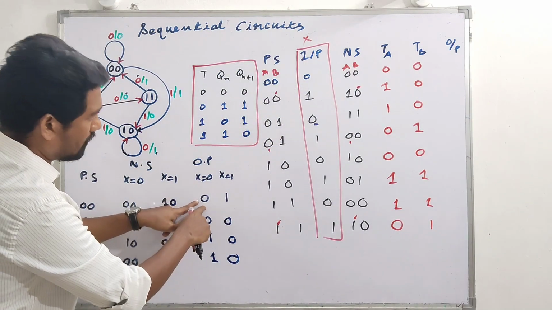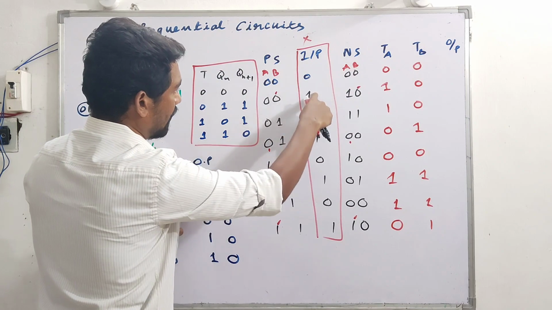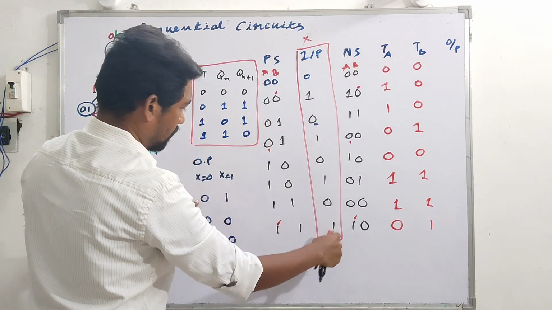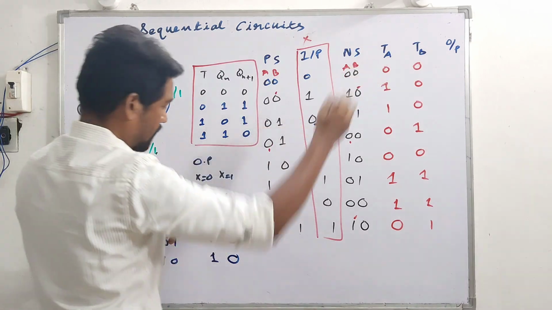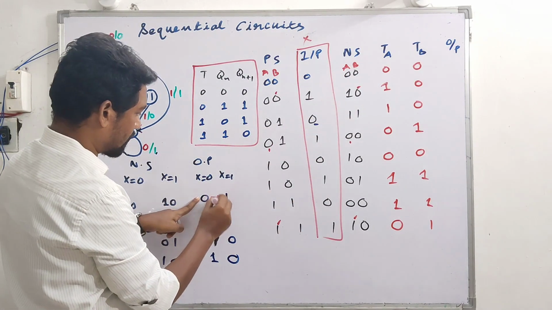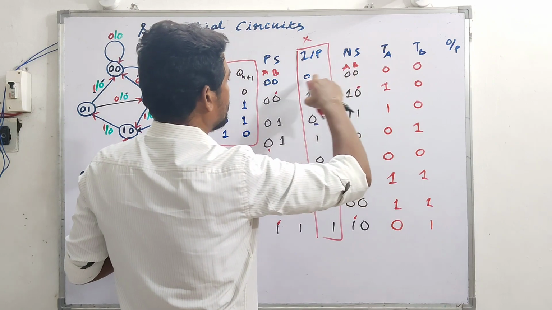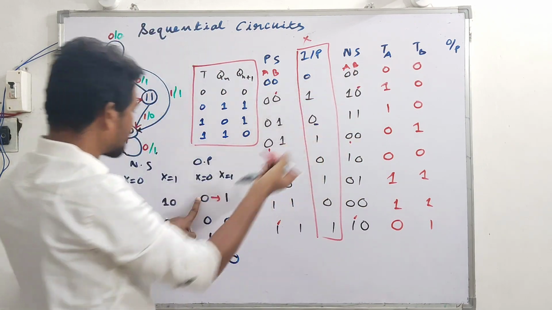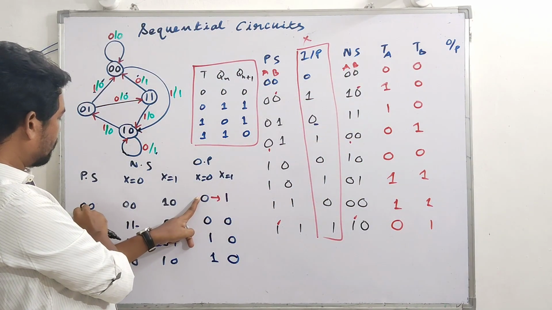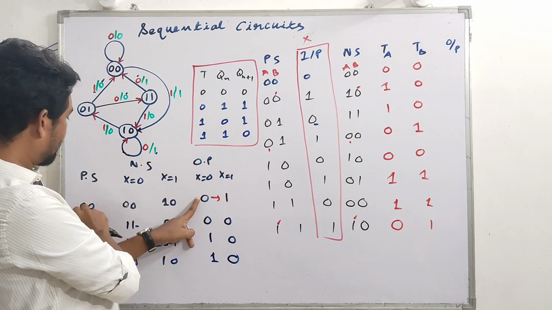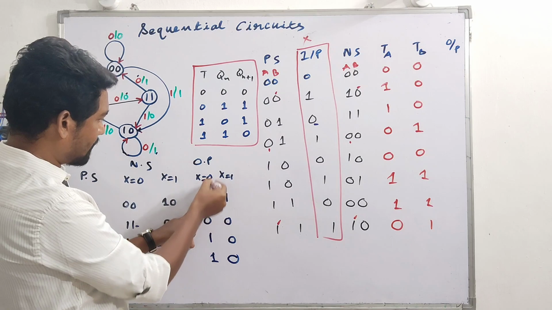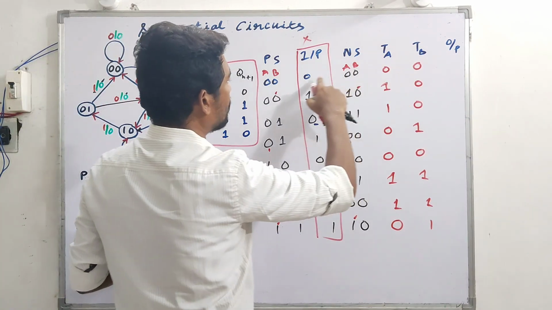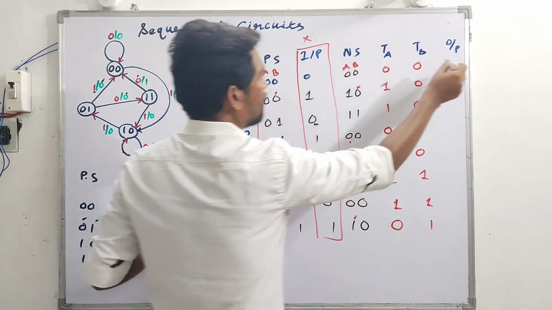This one, from input 0 1 0 1 0 1 0 1 0 1 0 1 0 1 0 1, this appears over there, so 0 in this manner. 0 for input 0, which condition? Once again, present state is 0 0, and the corresponding output is 0. For input x equal to 0, it's a 0.